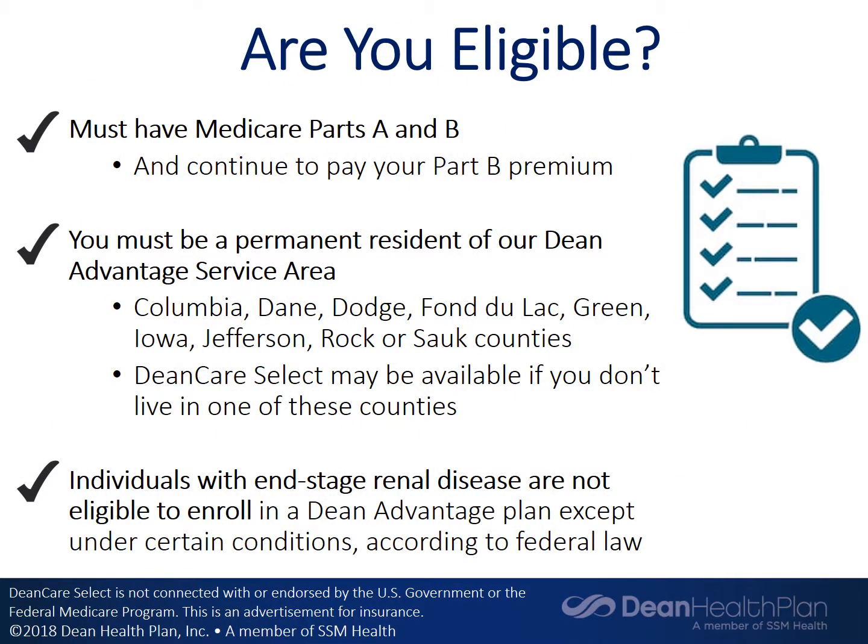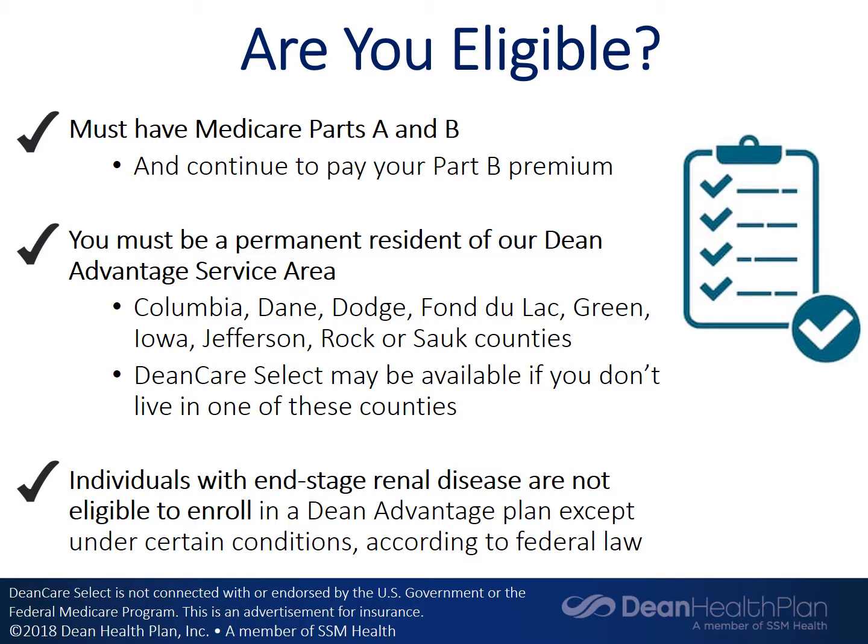To enroll in Dean Health Plan's Medicare Advantage, you must have Medicare Parts A and B and continue to pay your Part B premium. You also must be a permanent resident of our Dean Advantage service area, which includes Columbia, Dane, Dodge, Fond du Lac, Greene, Iowa, Jefferson, Rock, and Sauk counties.